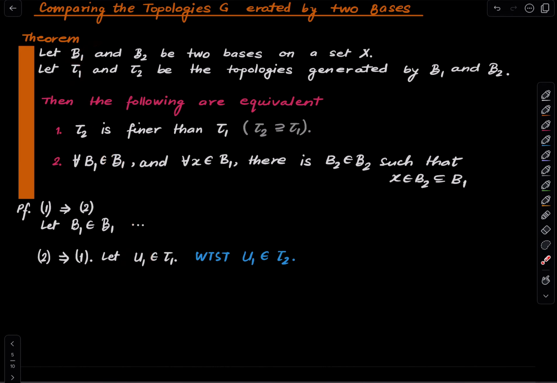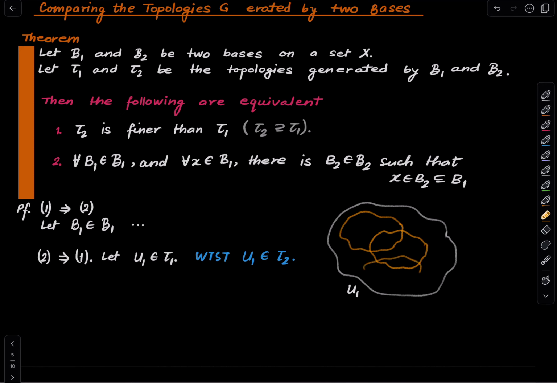Let me repeat the same thing in pictures. So what we have is U1. U1 can be written as the union of some of the members of B1, invoking the previous proposition. Each orange thing is in B1 and together they exhaust everything.